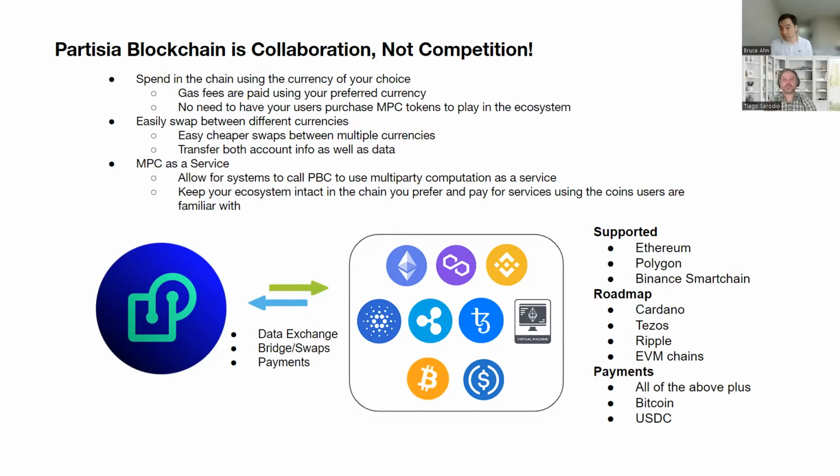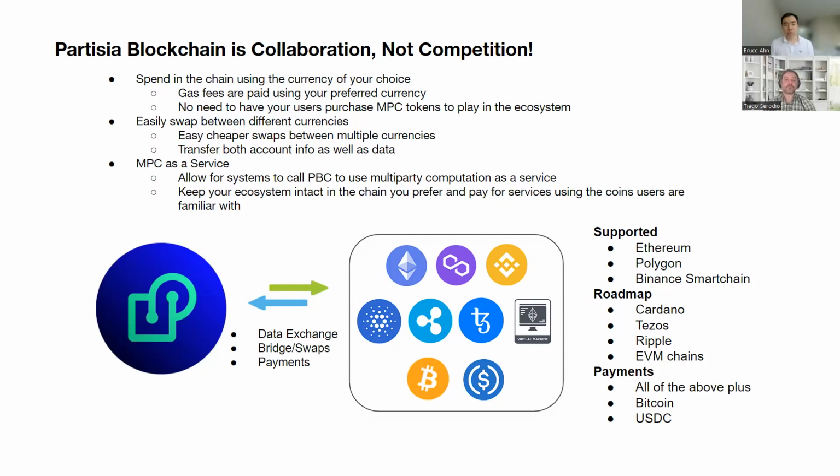Currently, we support Ethereum and Polygon USDC, with a whole host of other tokens to be onboarded, so you're not restricted to purchasing MPC tokens and using them as gas. So what does that mean? It means you're able to open up your own ecosystem to a variety of different users. You're not restricted to forcing your users to purchase MPC tokens. You can have people who are interested in paying for the services in Ethereum, Polygon, Bitcoin, BNB, Cardano, et cetera.